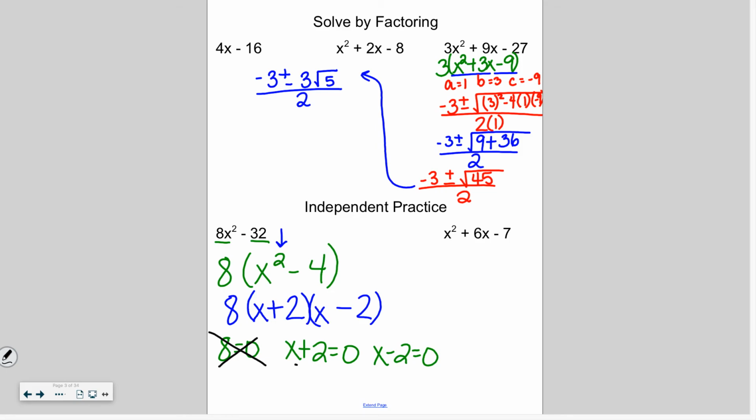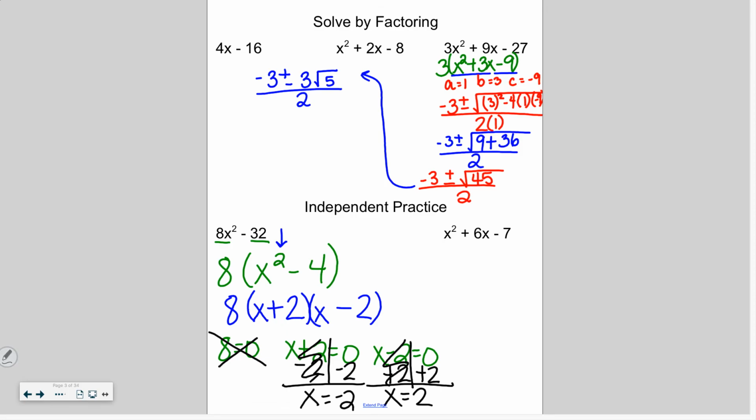X plus 2, we're going to subtract 2. That's going to give us x is negative 2. For the next one, we have a minus 2, so we're going to add 2 to both sides. And that's going to give us x is equal to 2. So my zeros, my roots, however you want to refer to it, is plus minus 2.